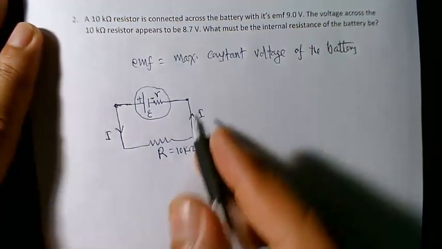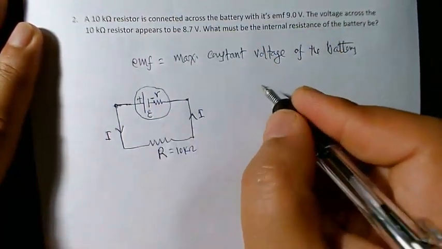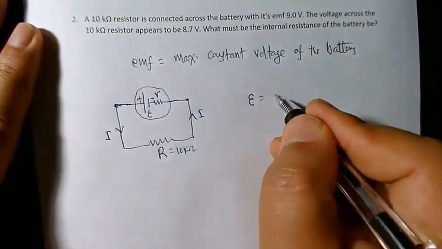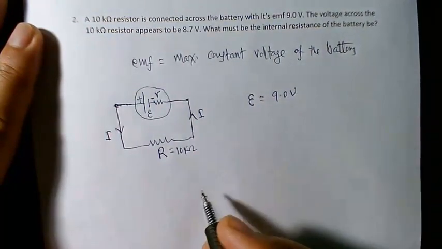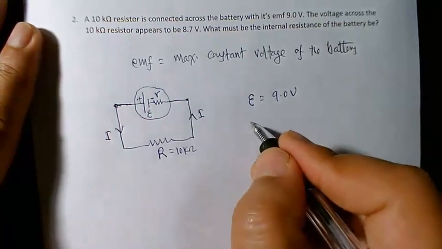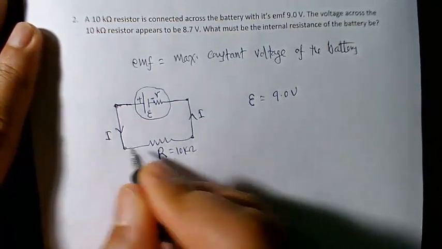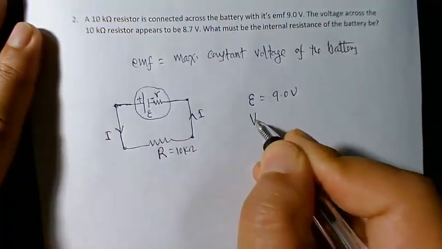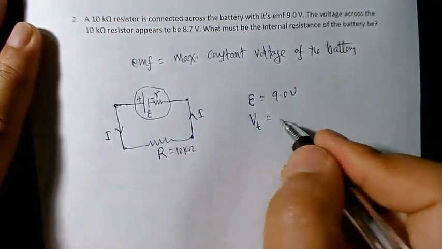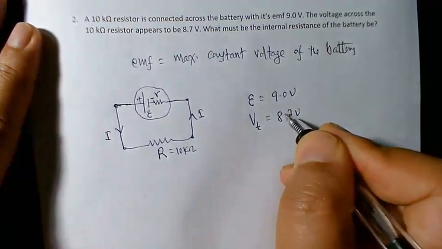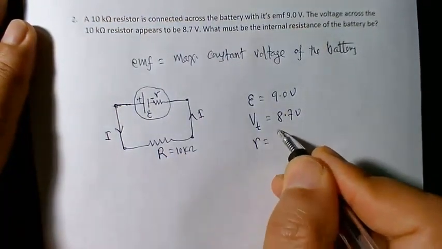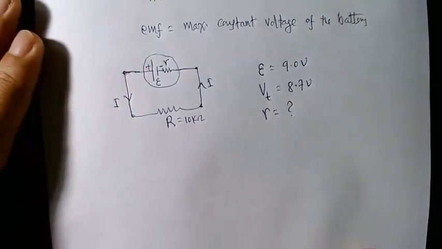Here the EMF, which is the maximum voltage it can supply, is 9 volts, but the terminal voltage V across this 10 kilo ohm resistor is only 8.7 volts. So there's 0.3 volt lost in internal resistance. Based on that, it's asking what's the internal resistance of the battery.